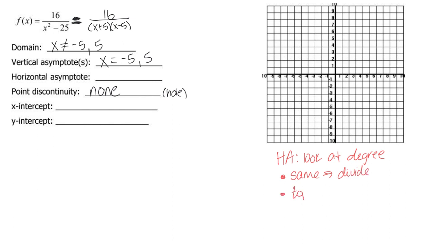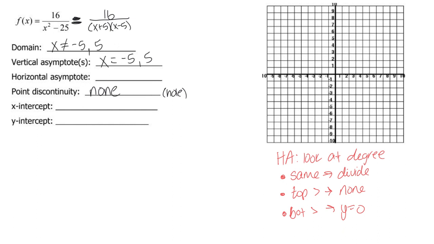If the numerator is bigger than the denominator, there's none. And if the denominator or the bottom is greater, it's y equals 0. I know that's super abbreviated, but we spent a day and a half on this. So hopefully you remember those or you have them written down somewhere.